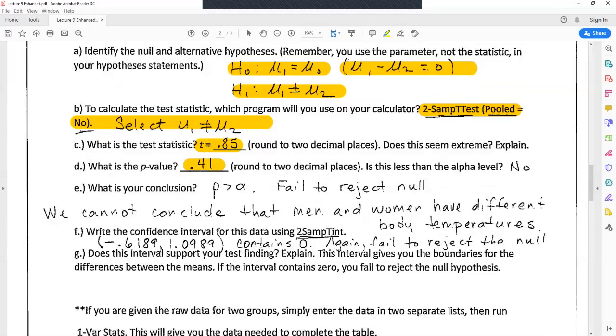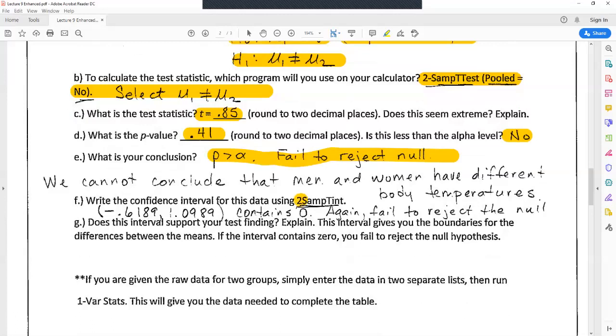And the p-value is 0.41. Is this less than the alpha level? Well, 0.41 is greater than the alpha level. And again, since p is greater than alpha, we will fail to reject the null, which means we cannot conclude that men and women have different body temperatures.